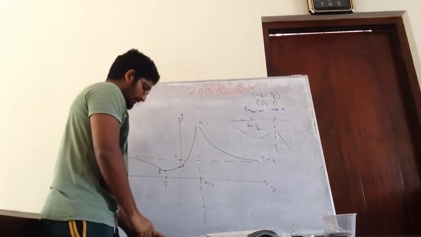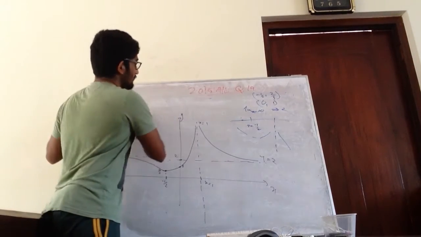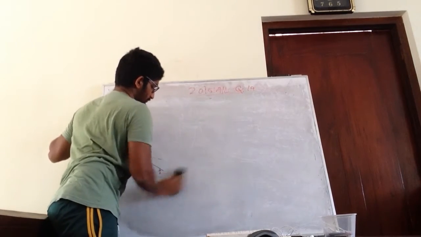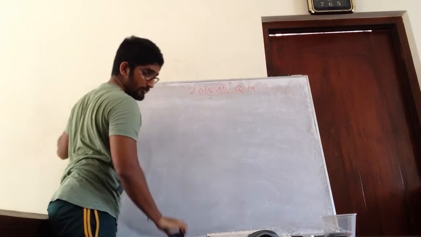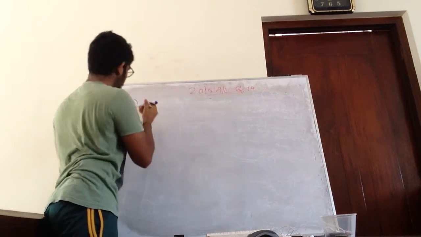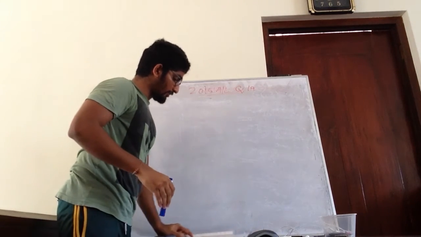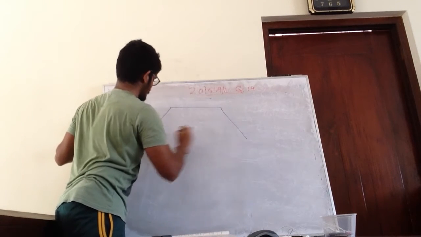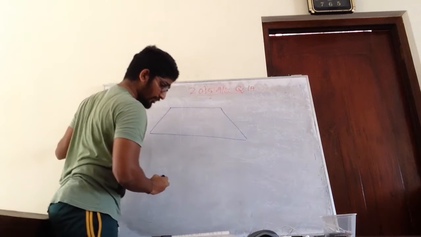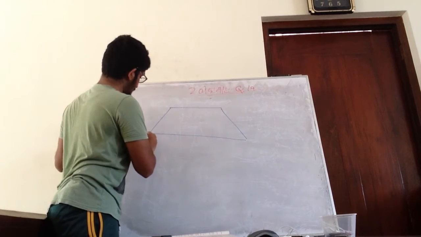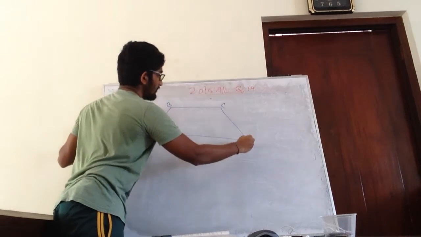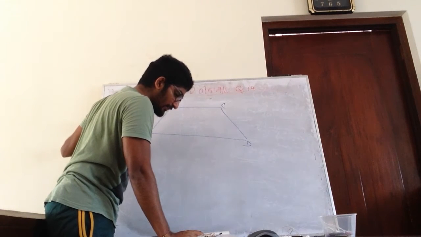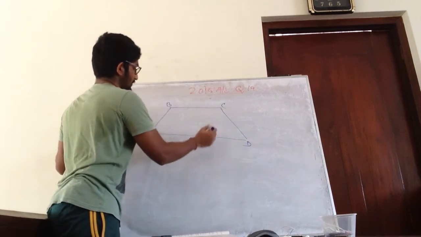Okay, part C. Part C is an application question. So what do they say? In the given figure, ABCD is a trapezium with parallel sides BC and AD.